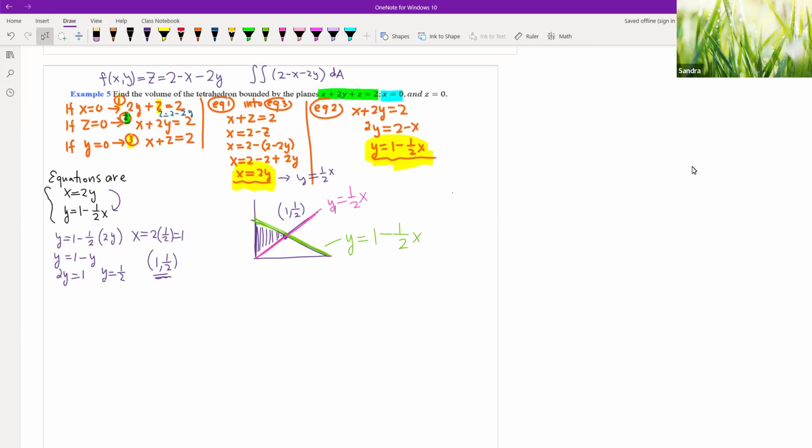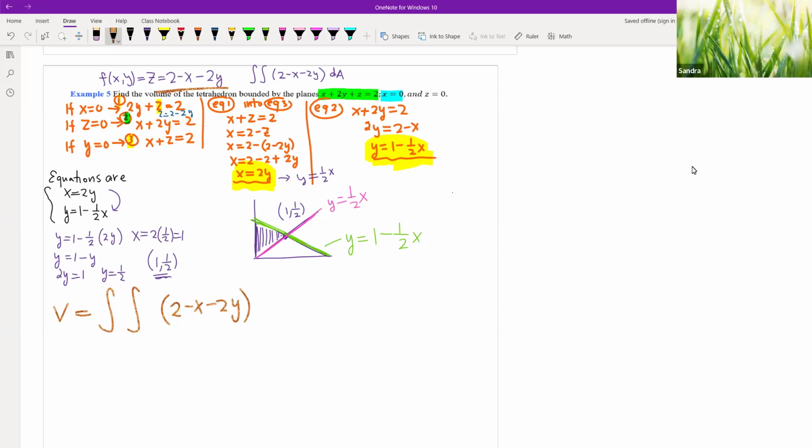Now we have to think of the setup. Which one would be the best setup possible? The function would be this one: 2 minus x minus 2y. I have to decide: do I want to do it with respect to the y's or the x?